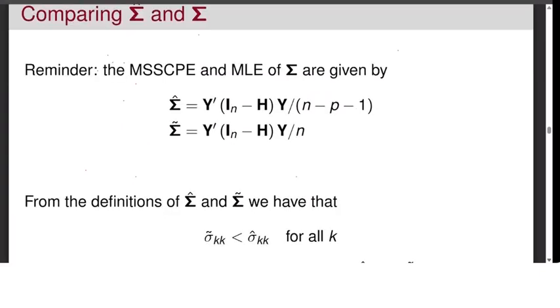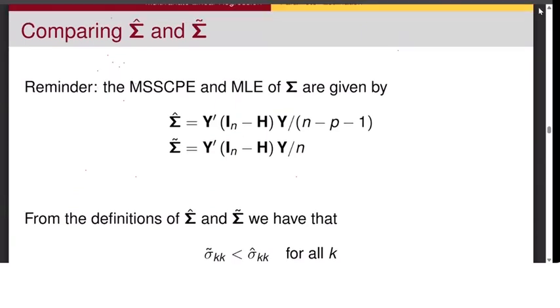Now, just like what we did under the single response, we can also compare the maximum likelihood variance with the estimated variance. Now these are the two expressions.